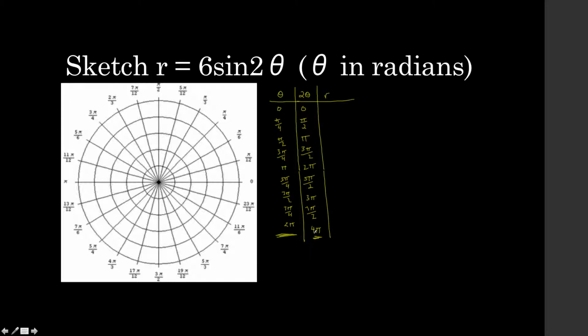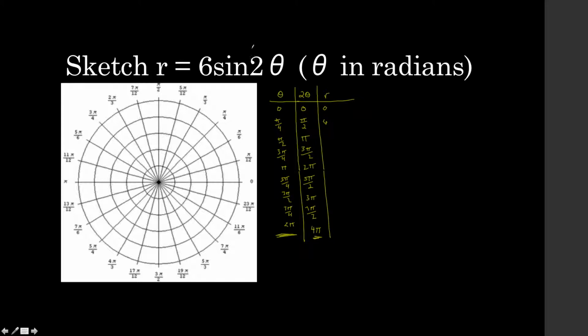Now, we can find r. So the sine of 0, because we know what 2 theta is, so we don't have to do any multiplication here. So the sine of 0, that should give us 0. So the sine of pi over 2, and that's going to give us 6 when you punch all that out.